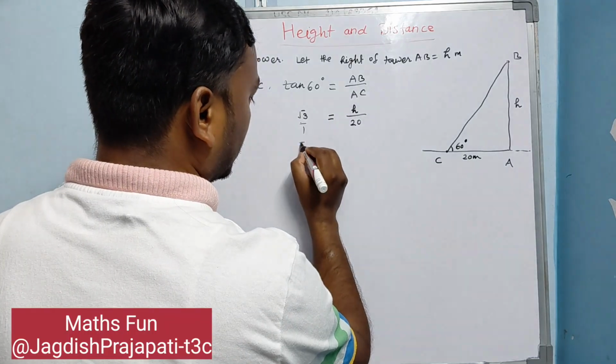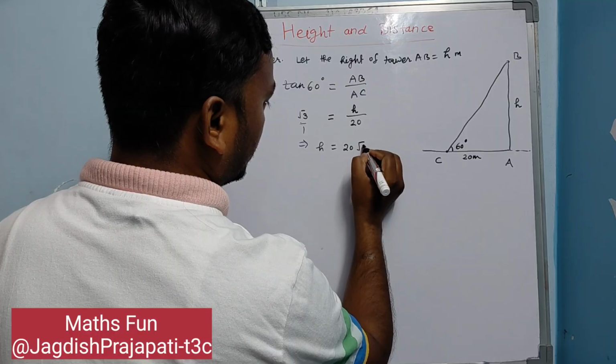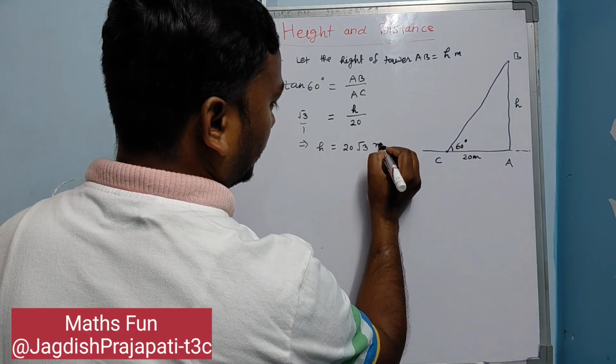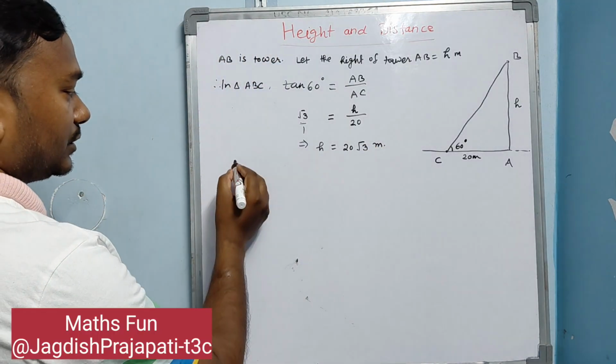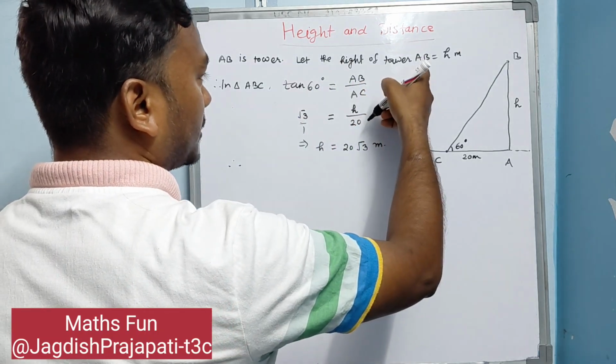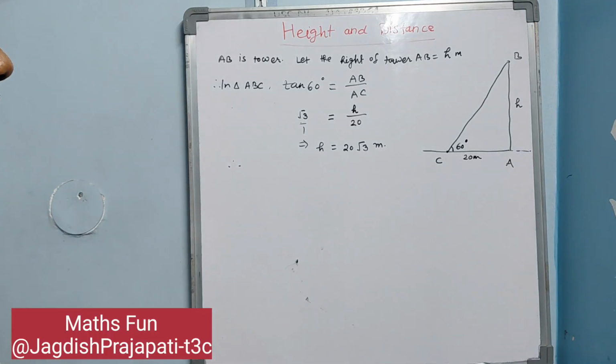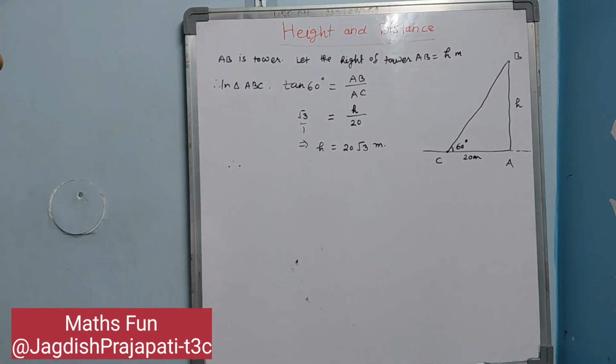This implies H equals 20 under root 3 meter. Therefore, the height of the tower AB equals 20 under root 3 meter. So this is the answer of this question.